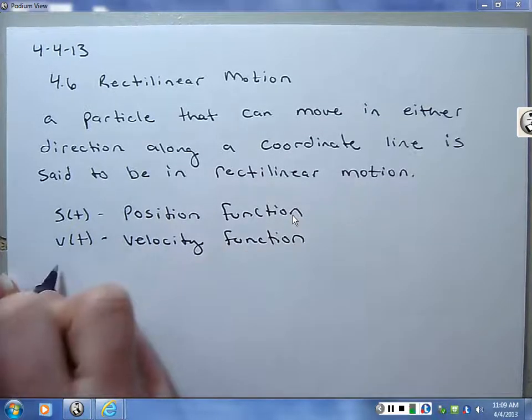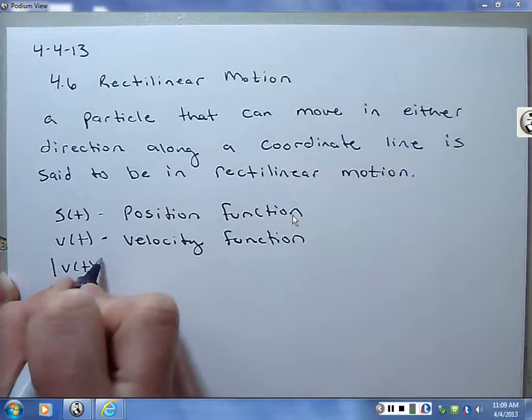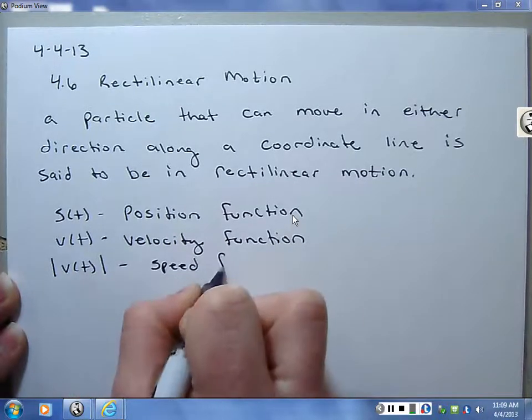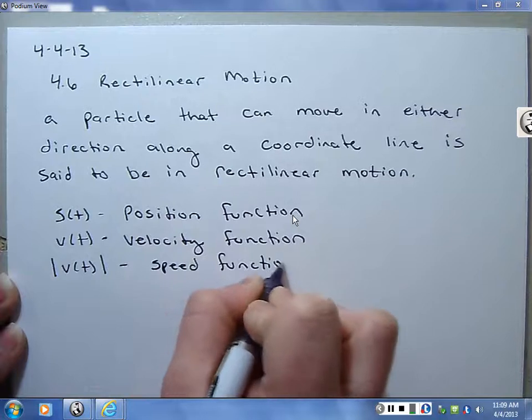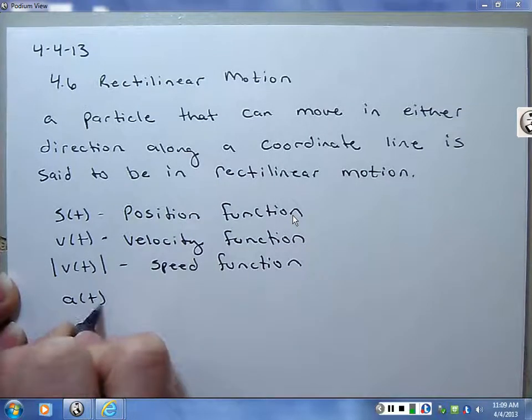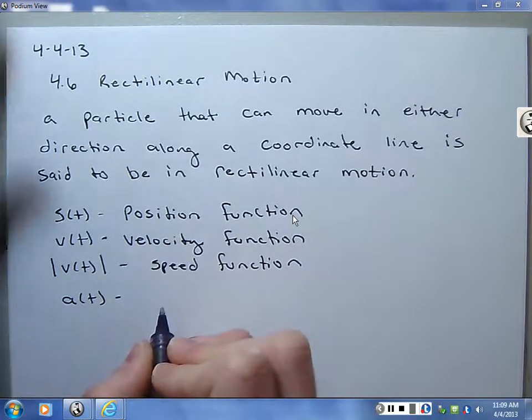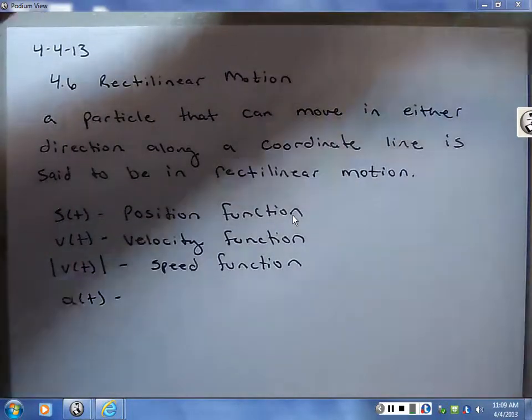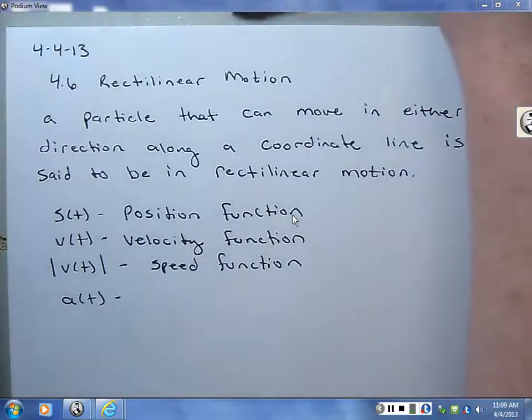The absolute value of V of t is a speed function. A of t is acceleration.